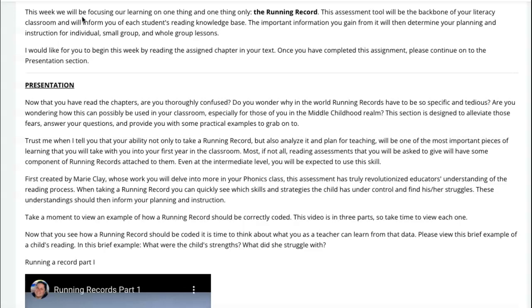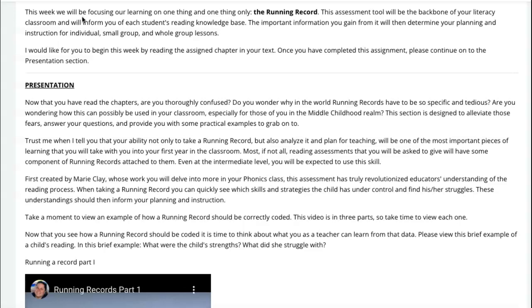Most, if not all, reading assessments that you will be asked to give will have some component of running records attached to them. Even at the intermediate level, you will be expected to use this skill. Running records were first created by Marie Clay, whose work you will delve into more in your phonics class.